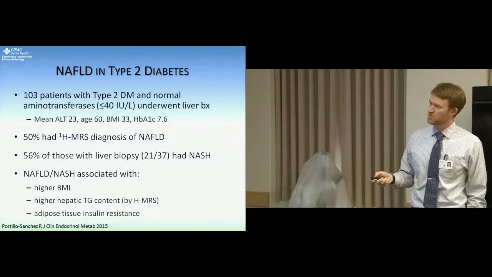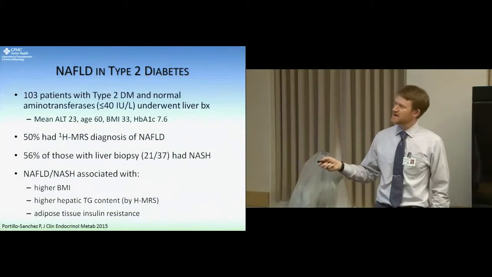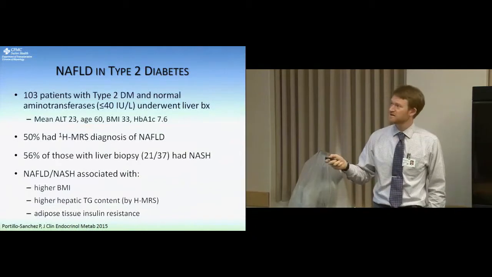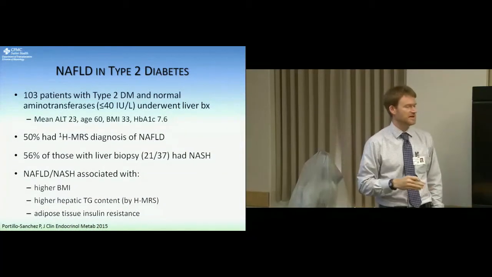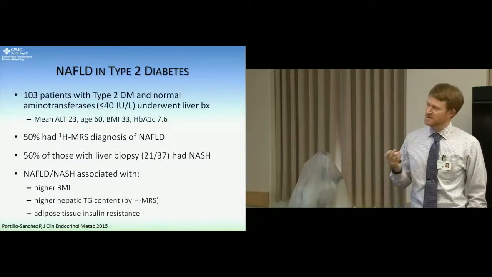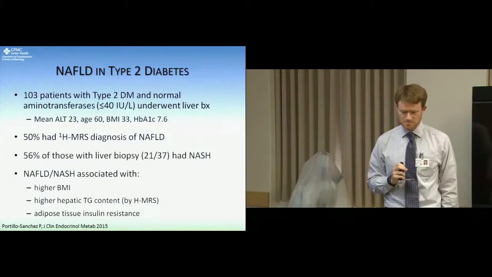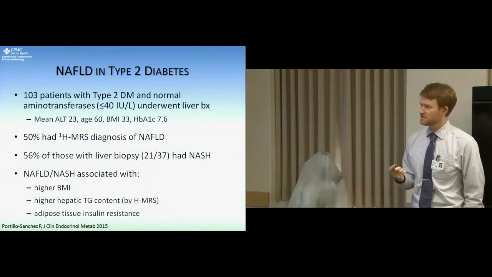But of those, more than half had NASH. And remember, NASH is the thing that we want to find, and these people would probably not have been sent to a hepatologist or referred because, oh, you have diabetes, but your ALT is normal, so everything's probably fine. So this emphasizes the idea that ALT is not a very sensitive way to find fatty liver, which is unfortunate because that leaves us without a very good tool.